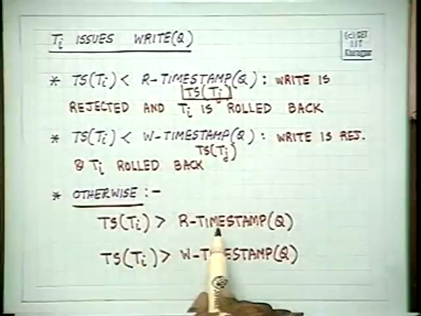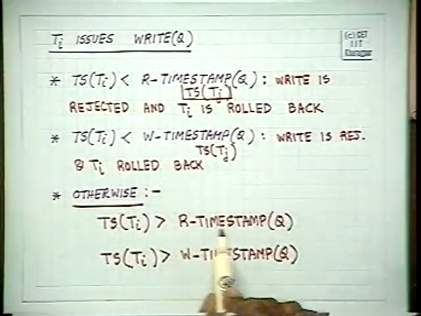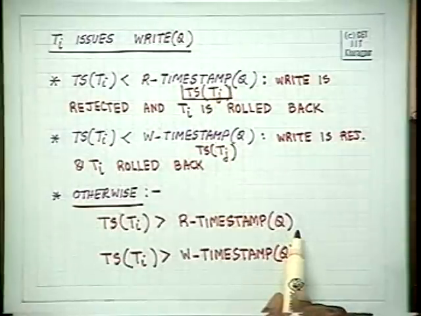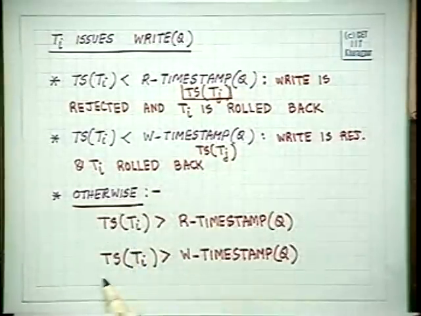Whoever has read this data has started before TI. That is, the maximum person who has read this data has started before TI. So, that is quite fine. Similarly, this is also quite fine.